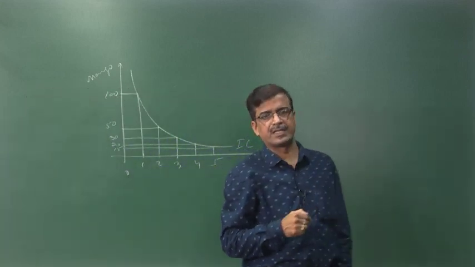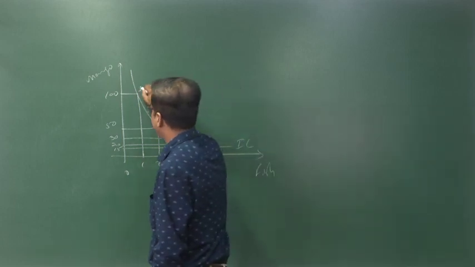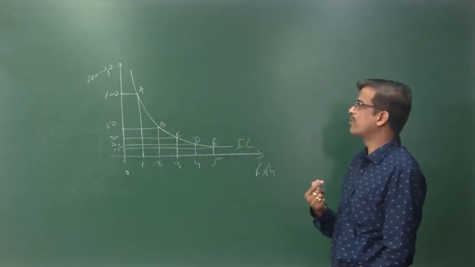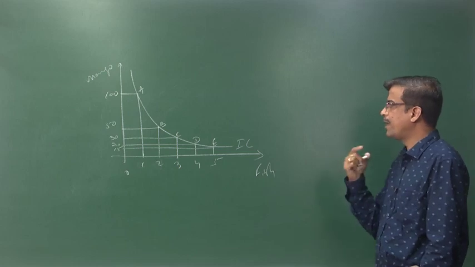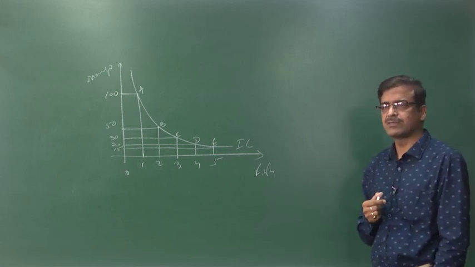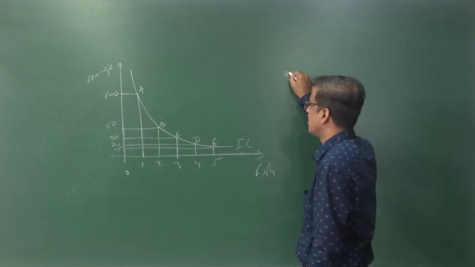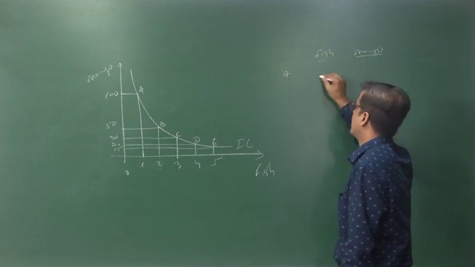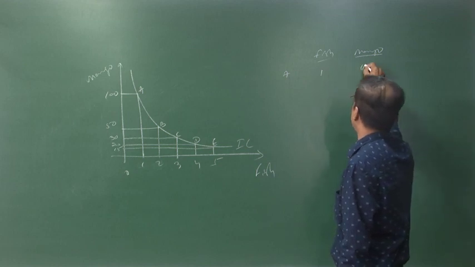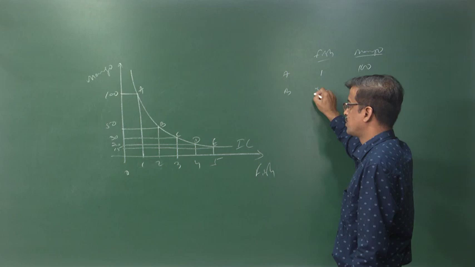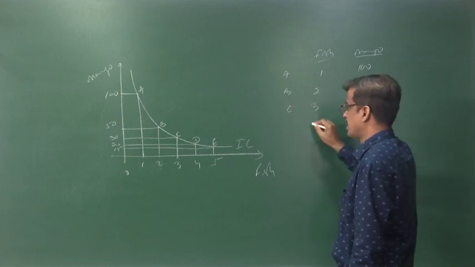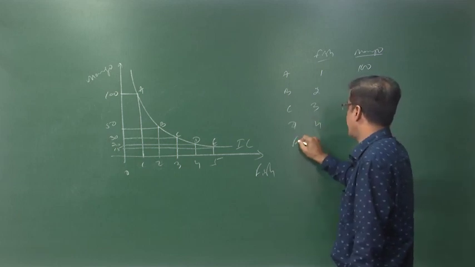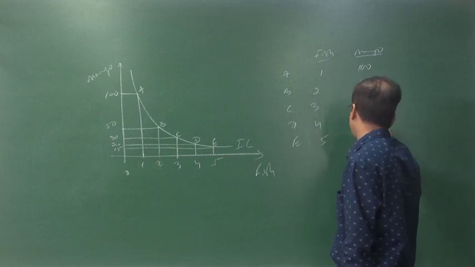We find different combinations are there. Either you consume at point A or point B or point C or point D or point E. Whichever point you consume at, it provides the consumer an equal amount of satisfaction. At point A the fish and mango are 1 and 100, at point B it is 2 and 50, at point C it is 3 and 30, at point D it is 4 and 20, at point E it is 5 and 15.